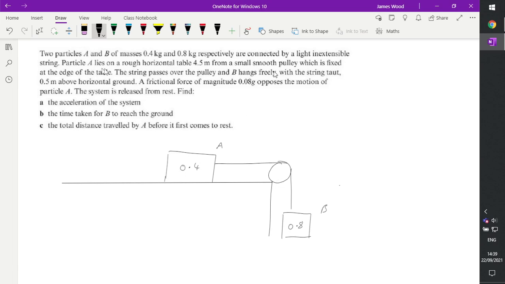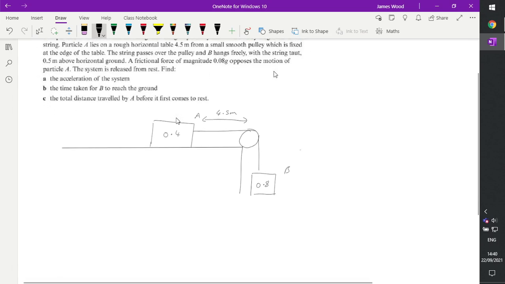Particle A is on the table and it's 4.5 meters from the pulley, which is fixed to the edge of the table. The string passes over the pulley and B hangs freely with the string taut 0.5 meters above horizontal ground.